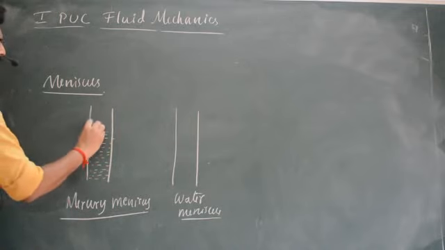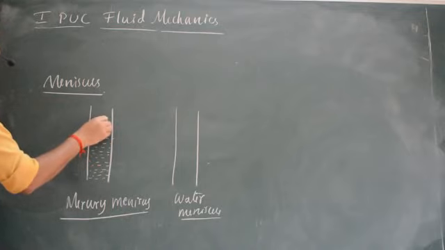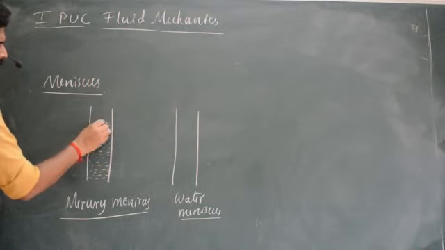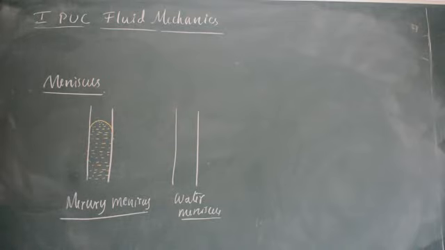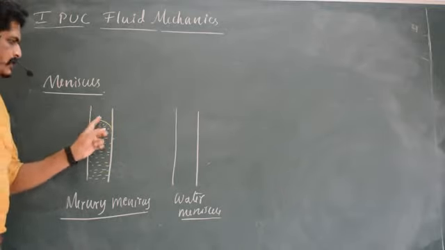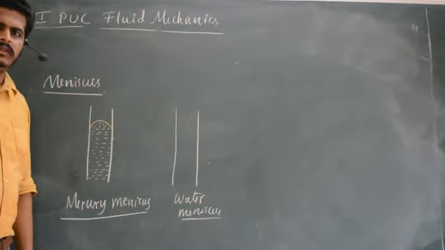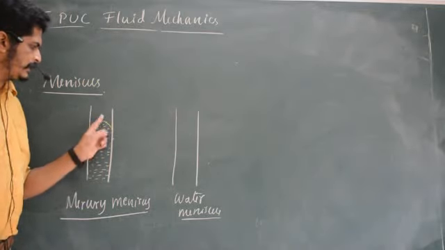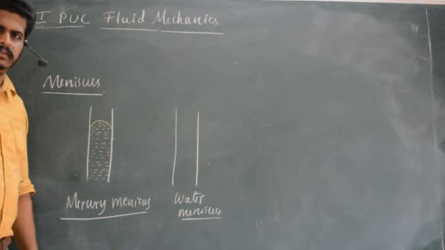So they will have the top portion of the liquid, especially mercury, with this kind of shape, a lightly curved shape facing upward.